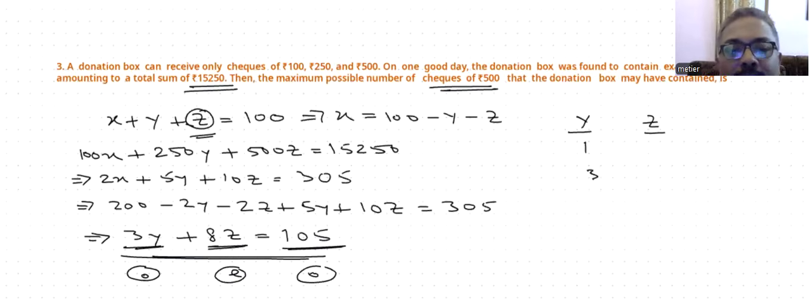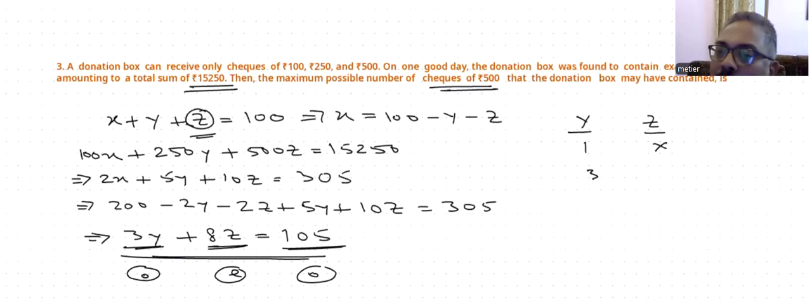If y is 1, it is coming as 102, which I think is not divisible by 8. So it is done. Now y is 3, 3 threes are 9, 105 minus 9 is 96. 96 is a multiple of 8.